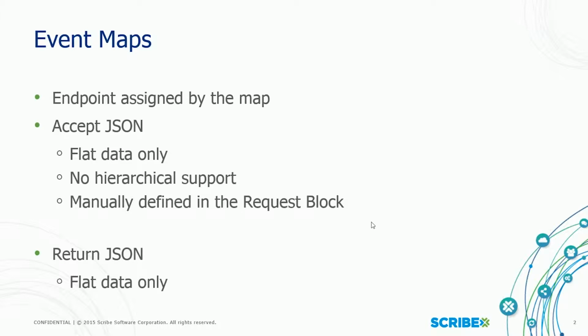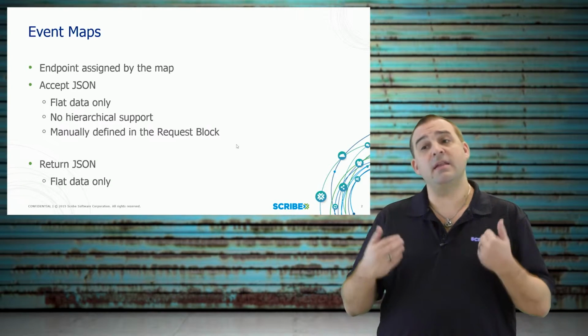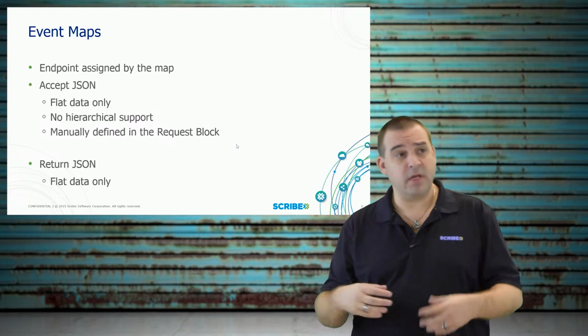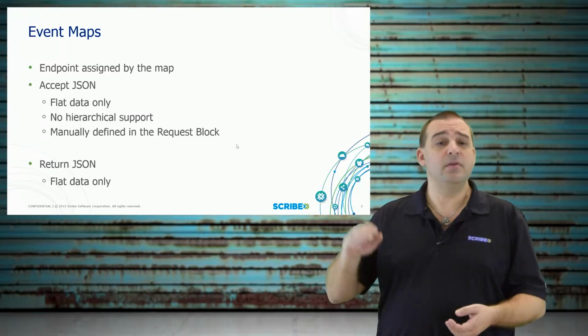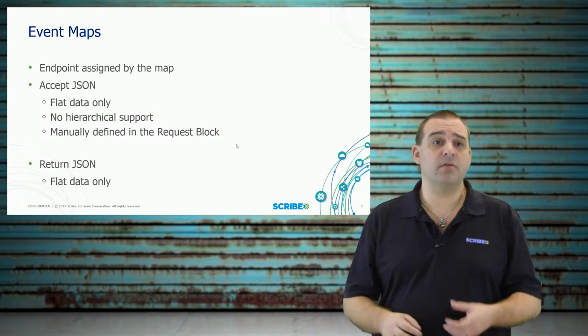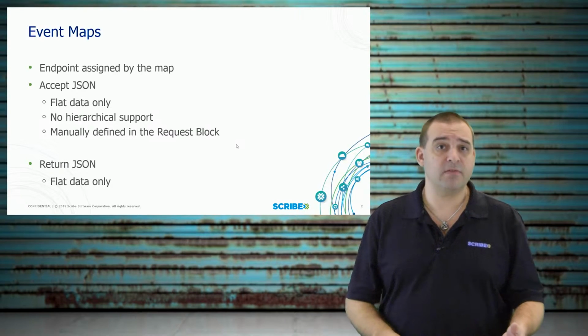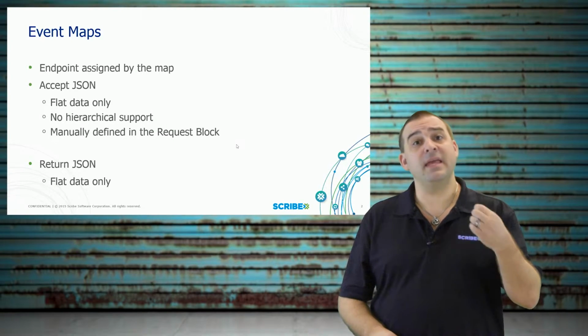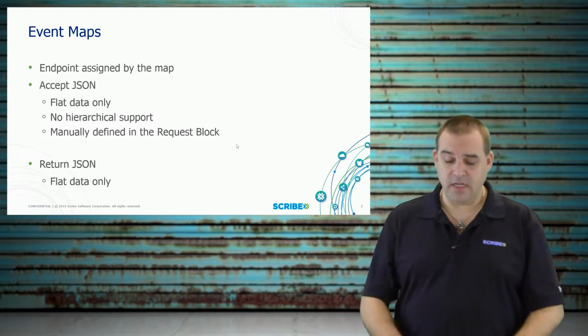You must also define the event fields in your event map. Once your map is run and that data is accepted from a webhook anywhere out there, you can take that data, run it through any number of the connectors, any number of control blocks, and return data back to your webhook, again in flat JSON data only.